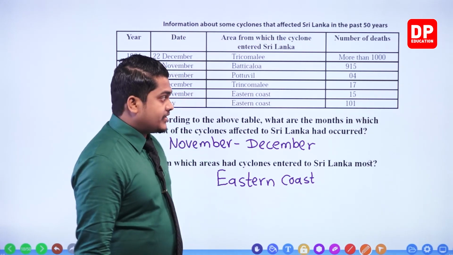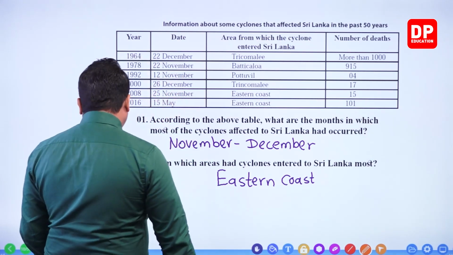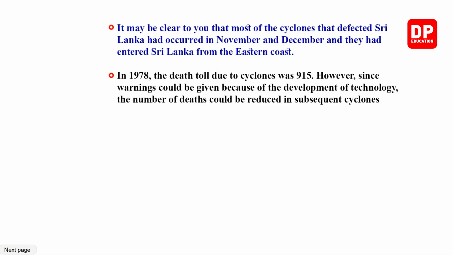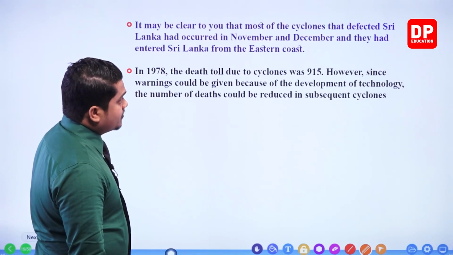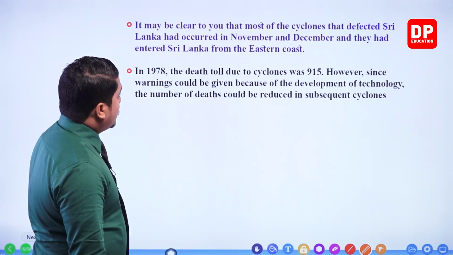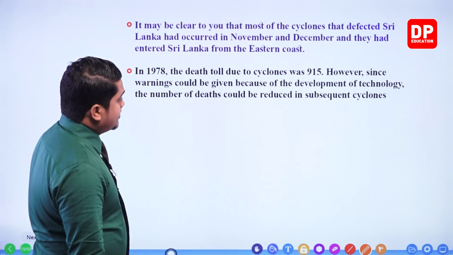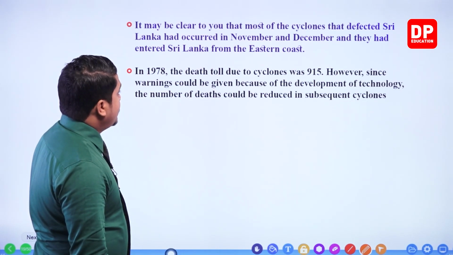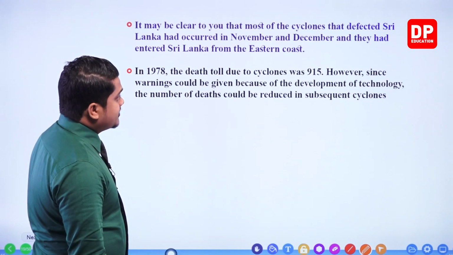Okay, right. Then, my dear children, you are given a point. It may be clear to you that most of the cyclones that affected Sri Lanka occurred in November and December, and they entered Sri Lanka from the eastern coast.